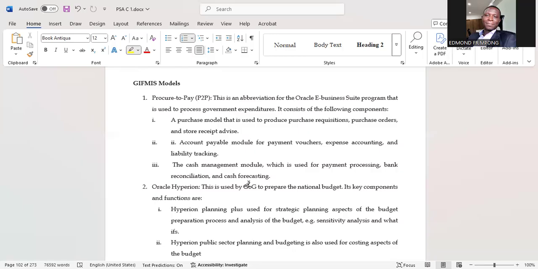That's the Gifmis model we are talking about here.